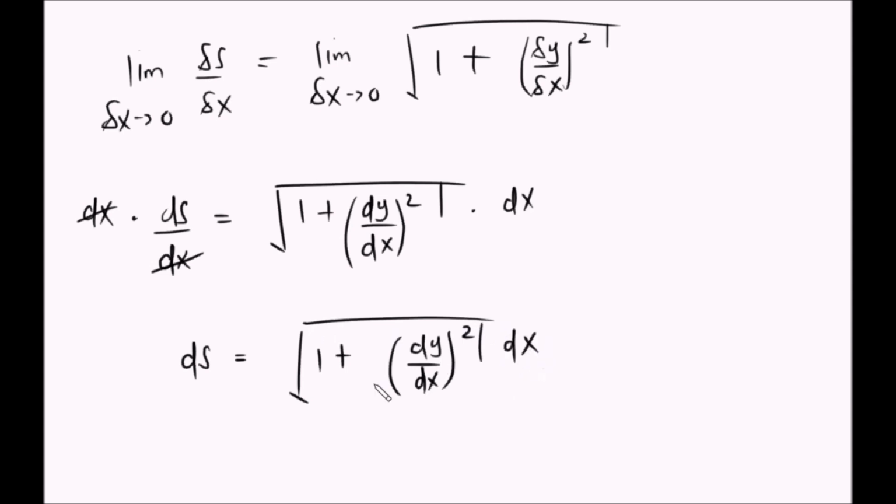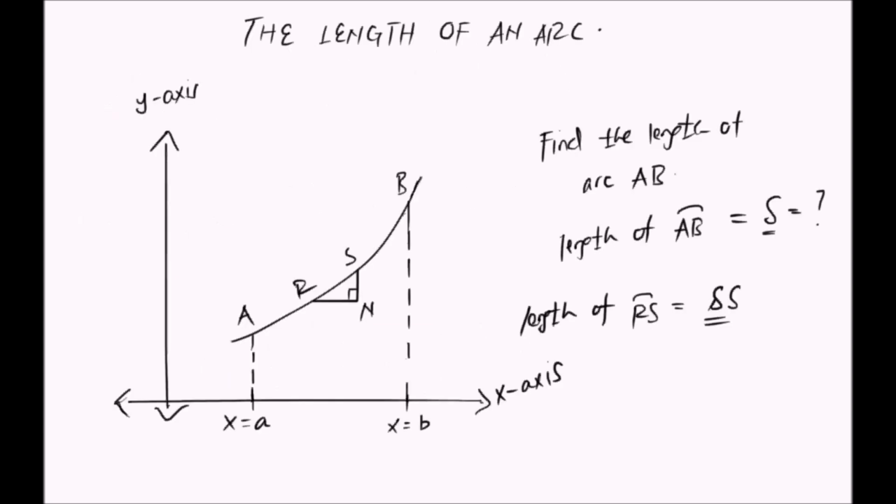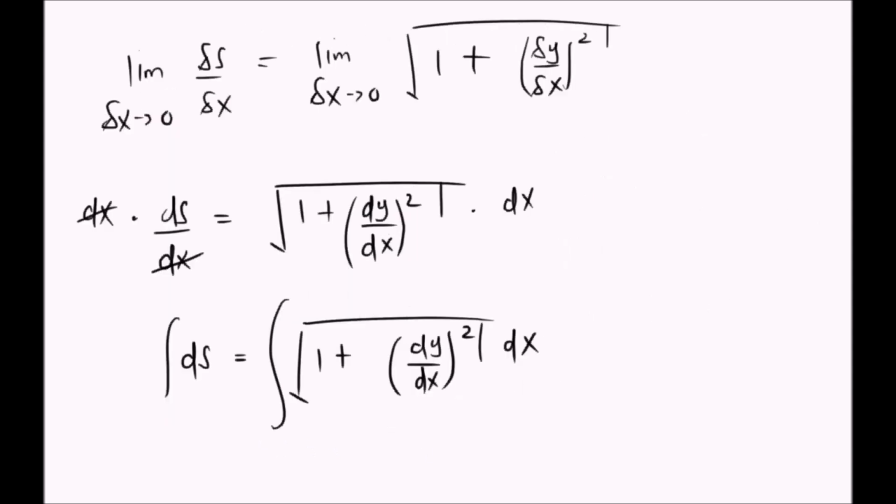So my dS now is equal to the square root of 1 plus dY over dX squared times dX. But I'm looking for S. In order to look for S, I'll have to integrate both sides. Remember S from the diagram is the length of arc AB, which starts at x equals a to x equals b. So in order to get S, I'm going to integrate from x equals a to x equals b.